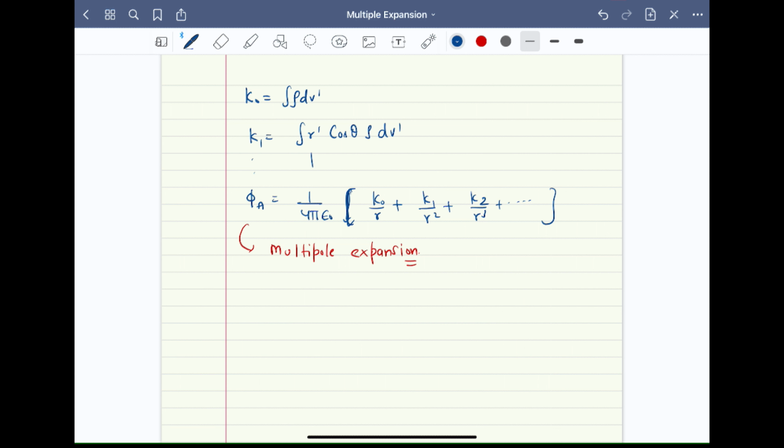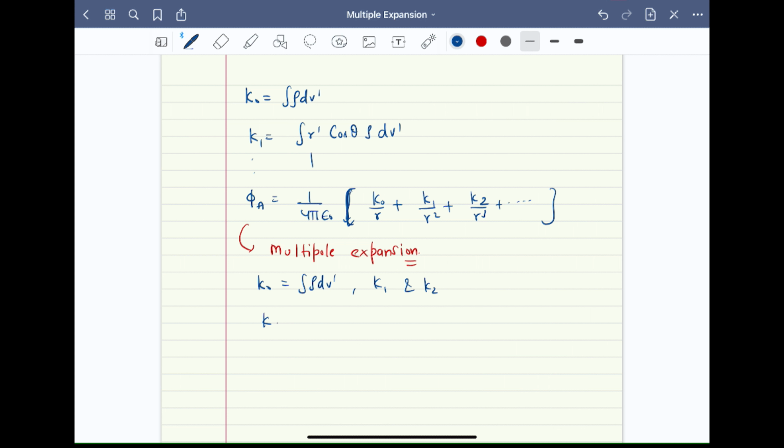So let's ask how we will be able to know the behavior of the charge distribution at larger distances. For that, all we need to do is calculate these things K0, rho dv prime, K1 and K2, and see which is the first term that we get non-zero.